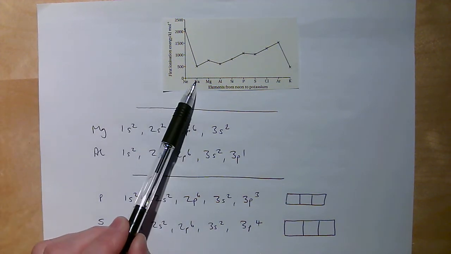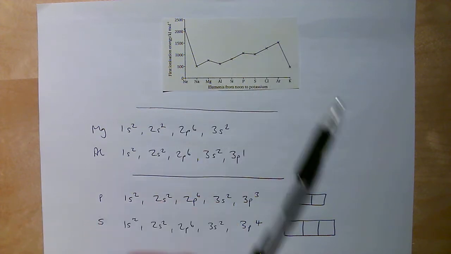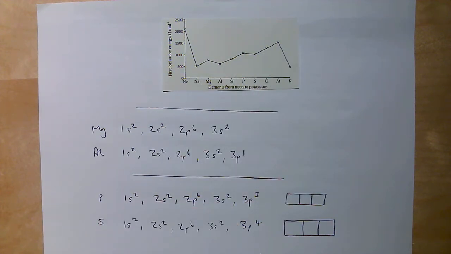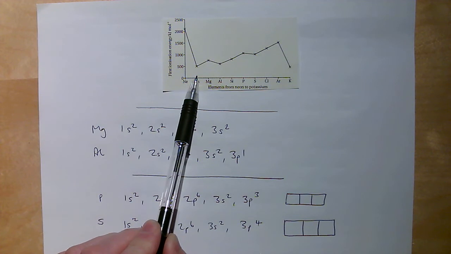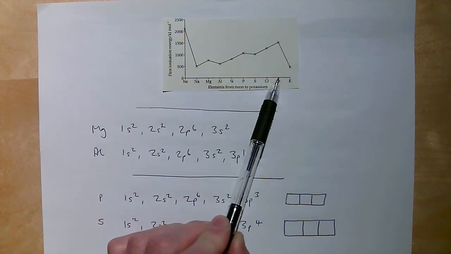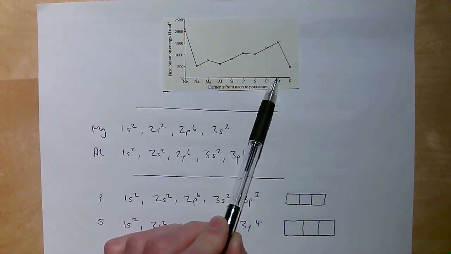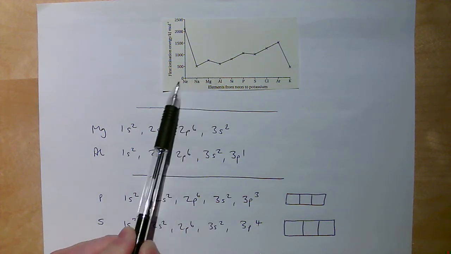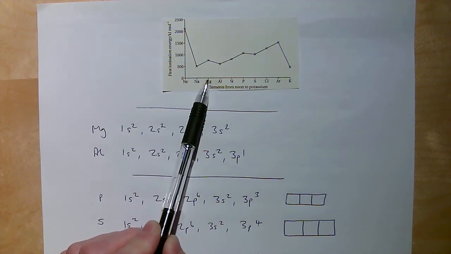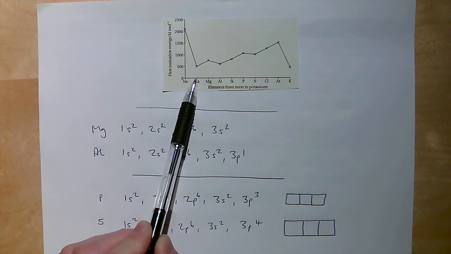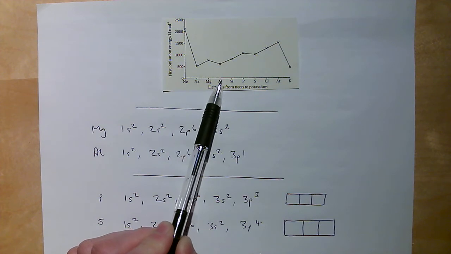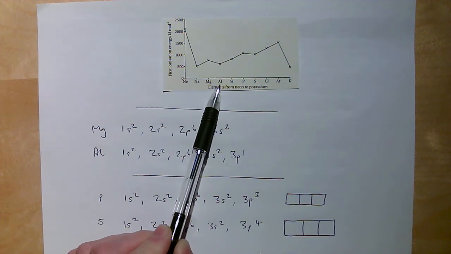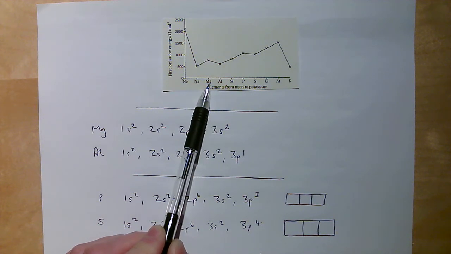As you can see, there's a general increase in first ionisation energy as you go across period 3 from sodium to argon. However, you can see that there are a few anomalies here. The first ionisation energy of magnesium is higher than that of sodium. However, when I go to aluminium, aluminium has a slightly lower first ionisation energy than magnesium.